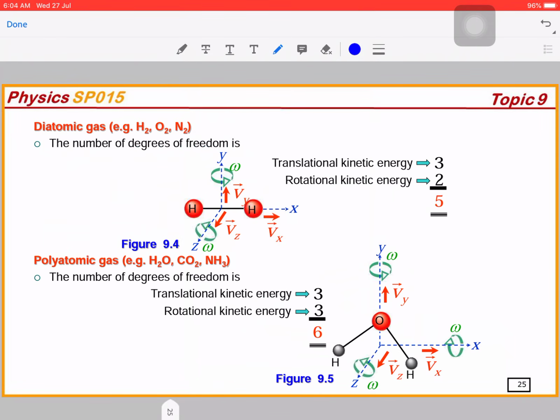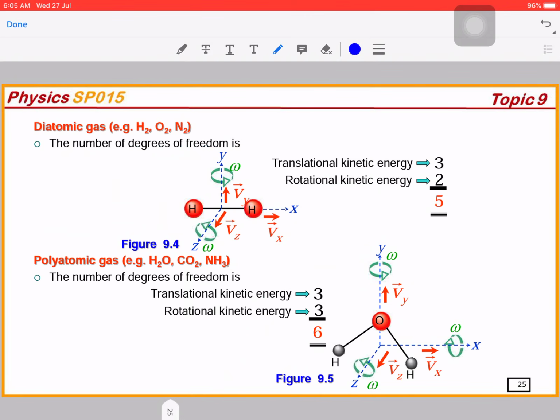Next, for diatomic gas, for example H2, O2 or N2, the number of degrees of freedom is 5. Why 5? You can see in the picture, figure 9.4. Of course, it can have 3 translational kinetic energies, vx, vy and vz, but it can also have 2 rotational kinetic energies, as you can see here.